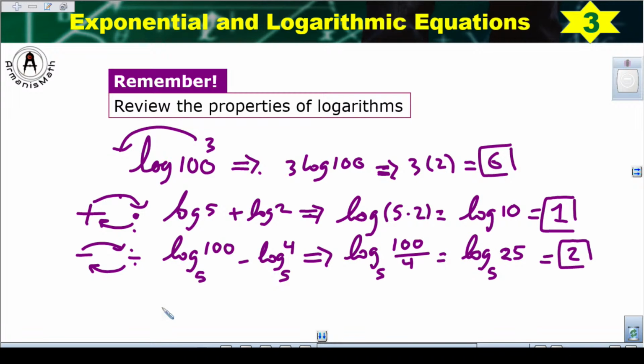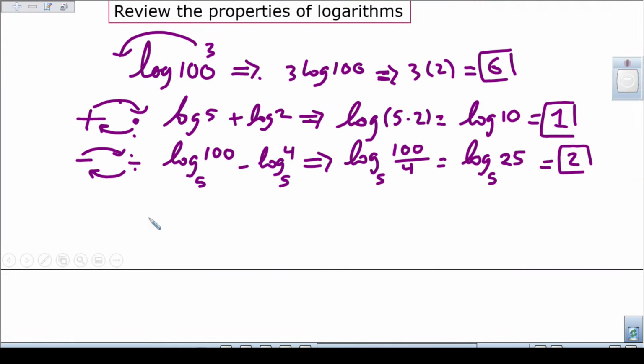Another property that we talked about, which we do not use that often, is the undo property. So for example, if I said 7 raised to log base 7 of x, let me write this really big to show my point here. 7 is the base raised to log of the same base, 7, of x. Does anybody remember something we talked about last time?